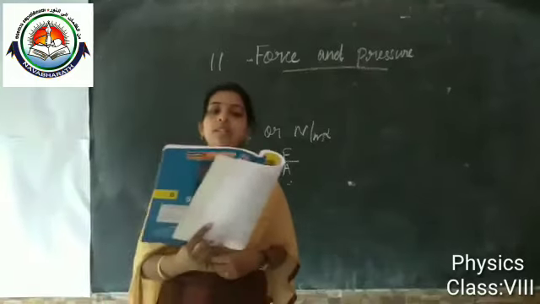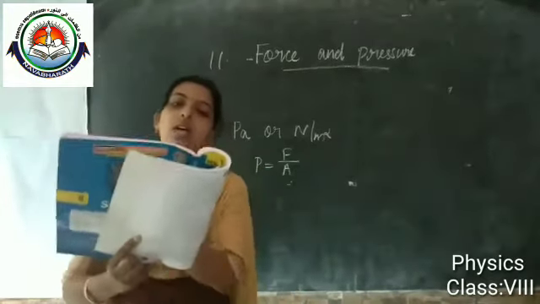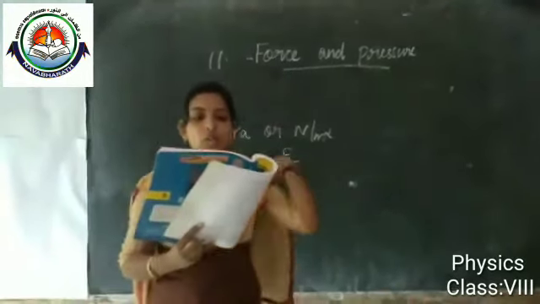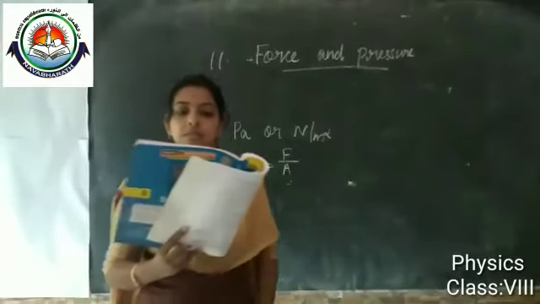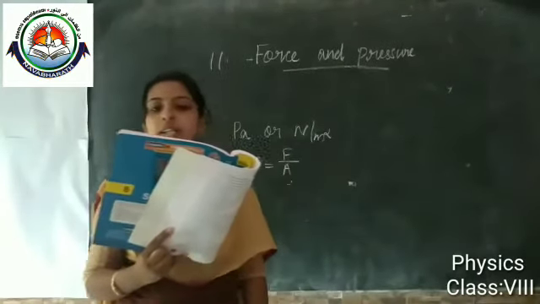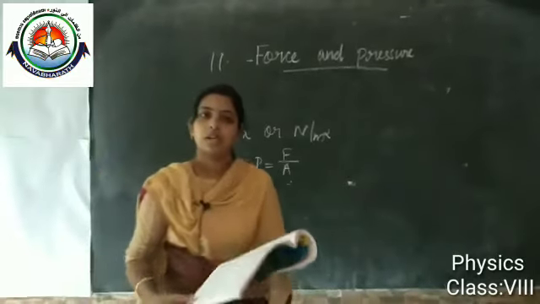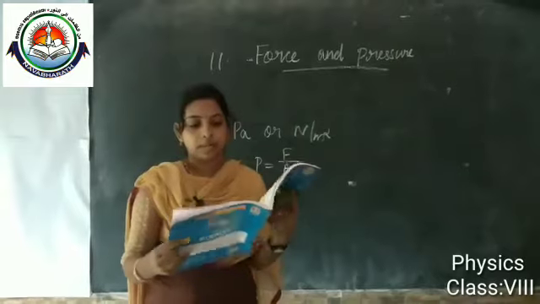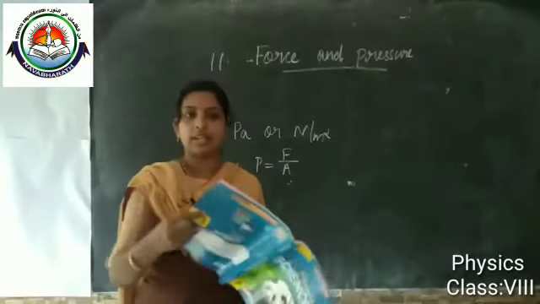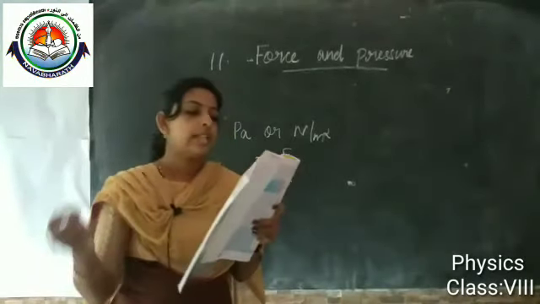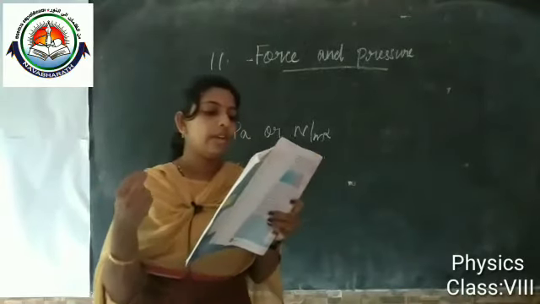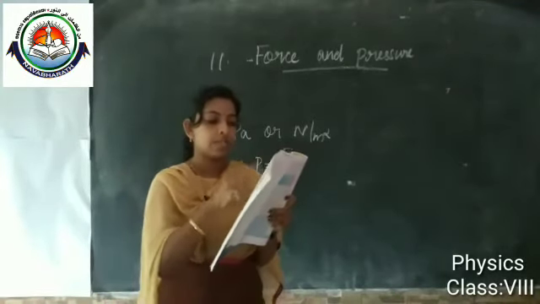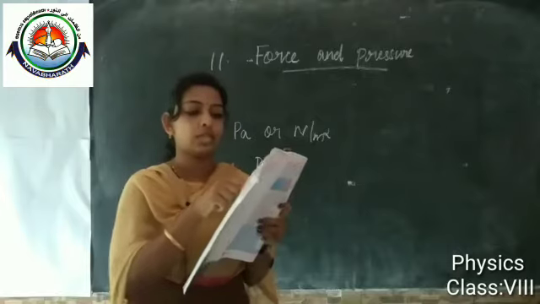Then short answer type 2 questions. First one: why do mountaineers suffer from nose bleeding at high altitude? Its answer is given on page number 127, the first paragraph, fourth sentence.